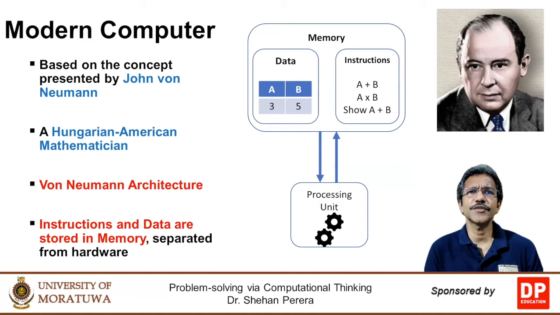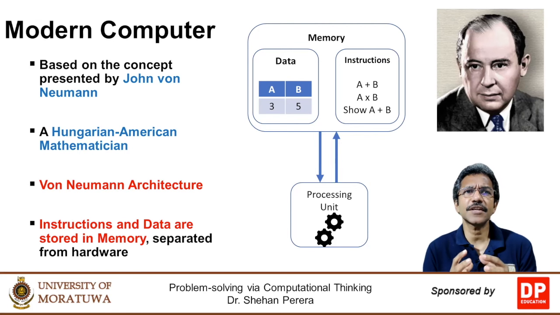Now, using computers, we can solve different problems with different data because we have been able to separate the data and the instructions and the engine or the thing that is actually solving the problem for us. We have computers that have separate memory to keep the data and the instructions to solve it in a separate processing unit that can take the instructions and the corresponding data and give us the solution.